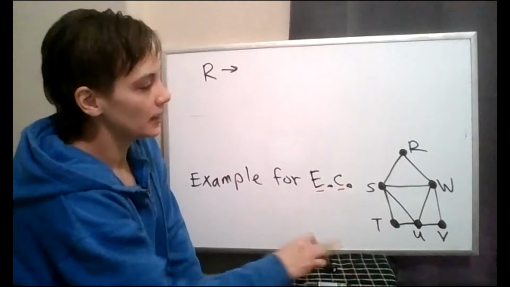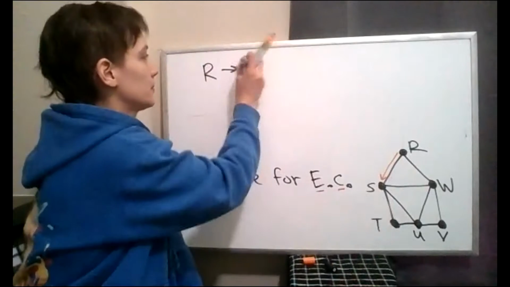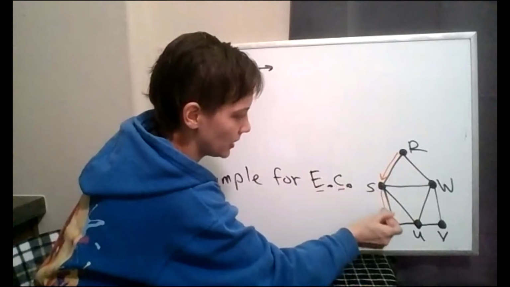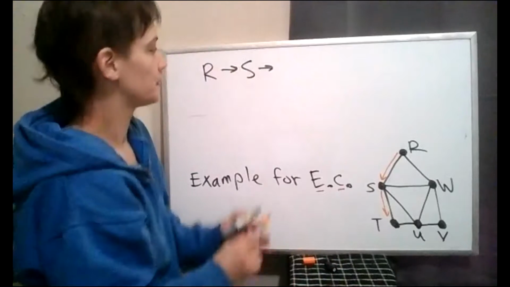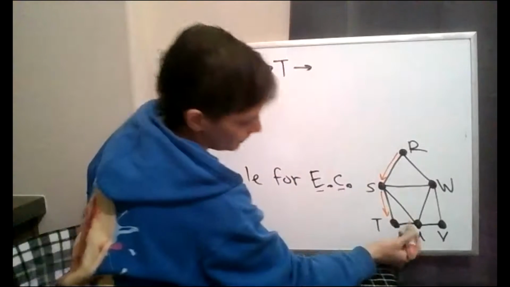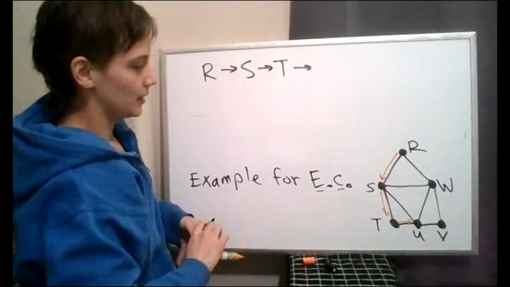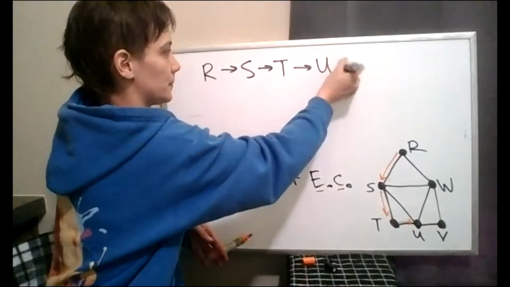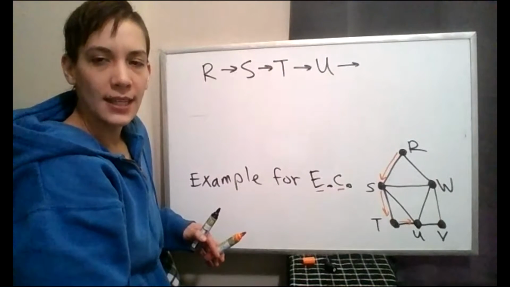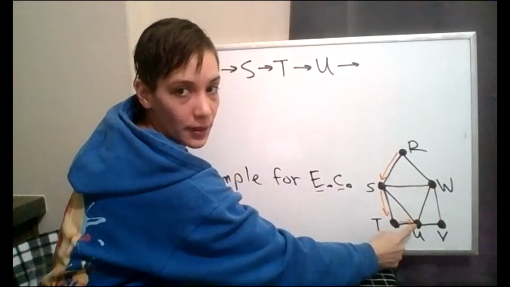I go from R, let's send that to S. And then from S, let's take care of going over to T. And let's get from T to U. I think I would like to go through this triangle shape.